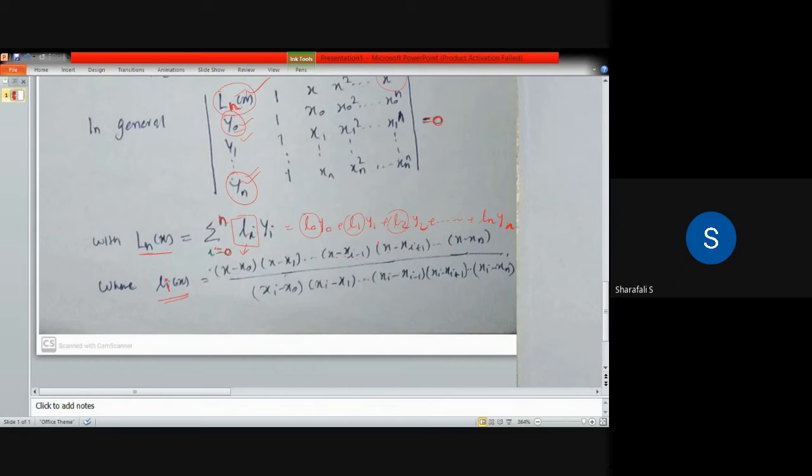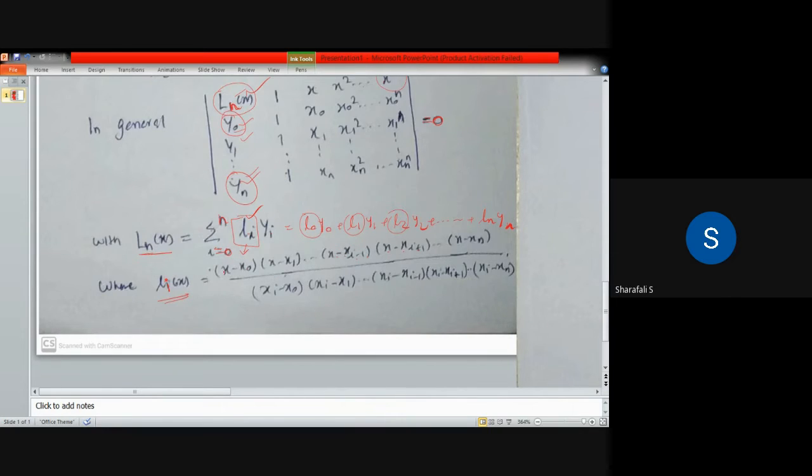Remember that x minus xi is not there. It will not be present in the numerator. The xi term will not be present because we are calculating for li, which means if you are calculating for L0, x0 will not be in the numerator. If you are calculating for L1, then x1 will not be in the numerator. That is, the x minus x1 term will not be there.